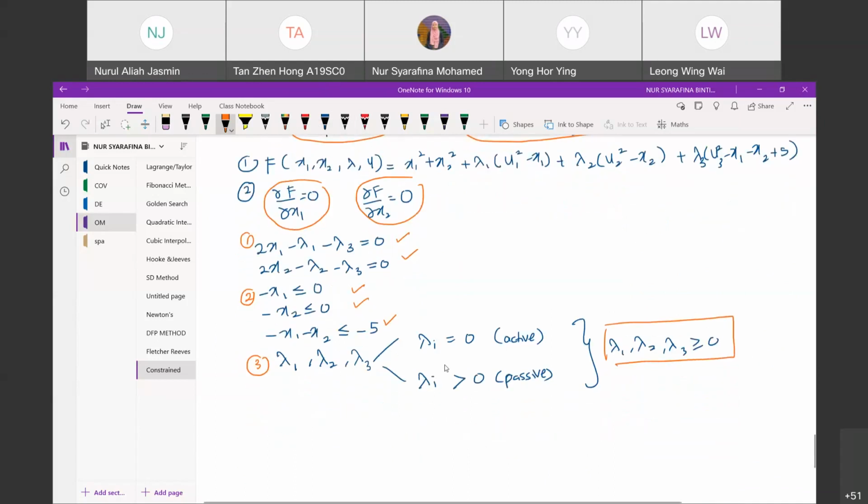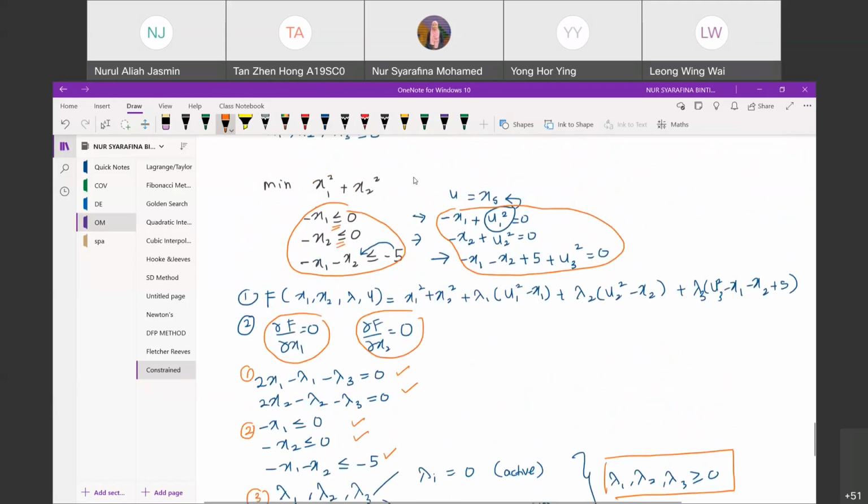So now let's take a look. For this problem, you have x1 and x2. You know that it is a circle, x1 squared plus x2 squared. Here we have x1, here we have x2. Negative x1 less than 0, negative x2 less than 0, and then negative x1 minus x2 plus 5 less than 0.